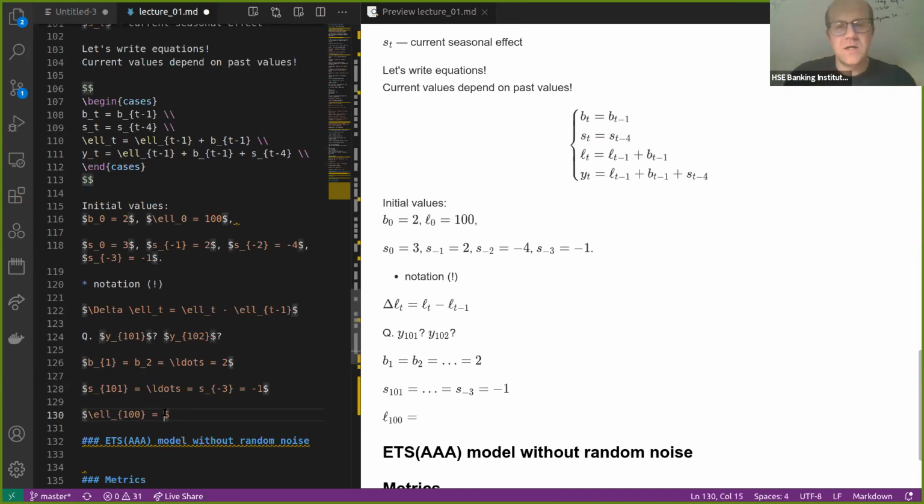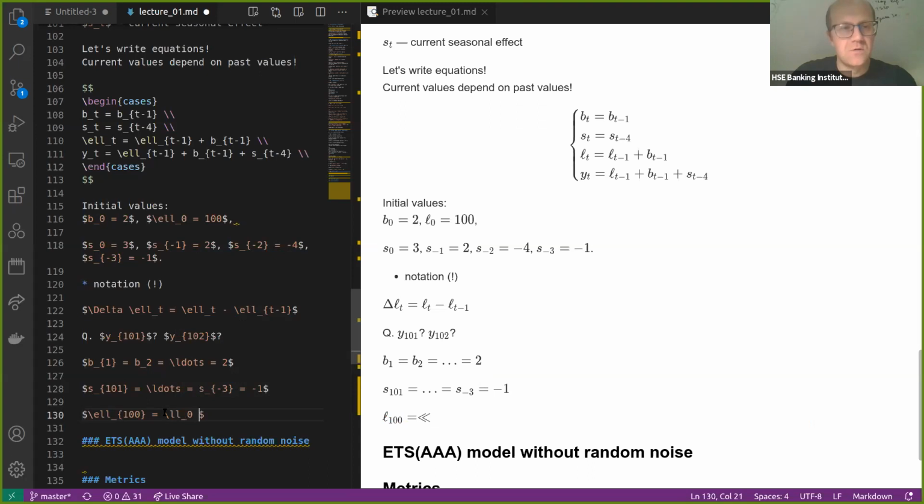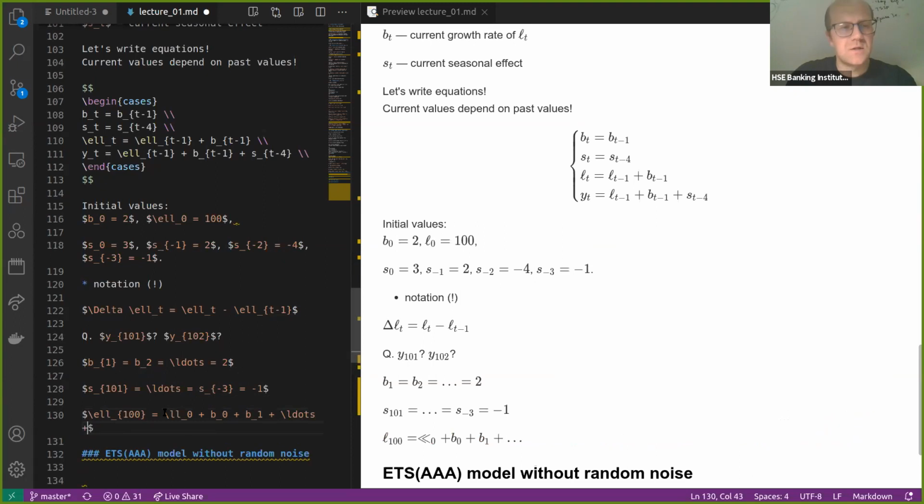So we started at 100. It was L0, and we added B0 plus B1 plus dots, and the last one was B99.